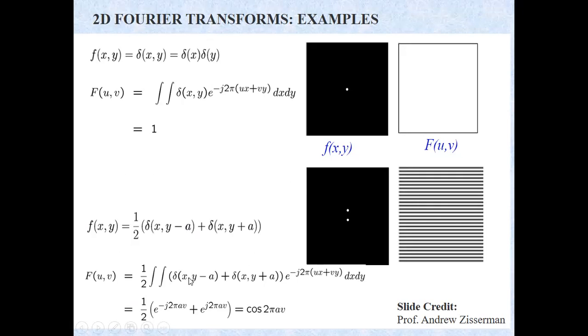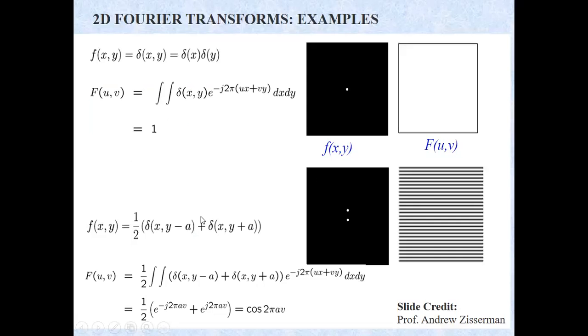But if there is a variation in x and y, so it is x minus b and y plus b, assume that. Then what will happen? There are two terms here. With respect to dx, you will have two terms. So it will be cos 2 pi a v into cos 2 pi b u. It is not plus, and I think we should take care of that.